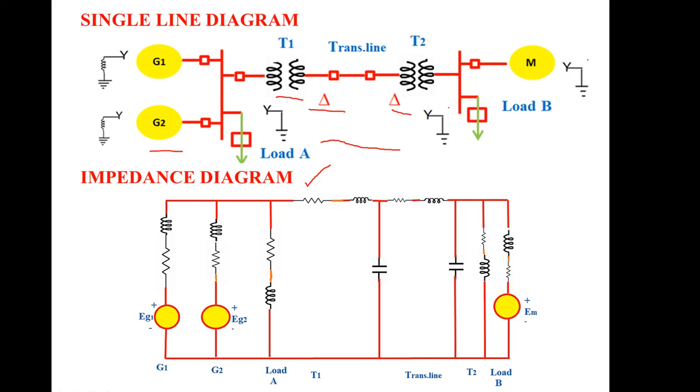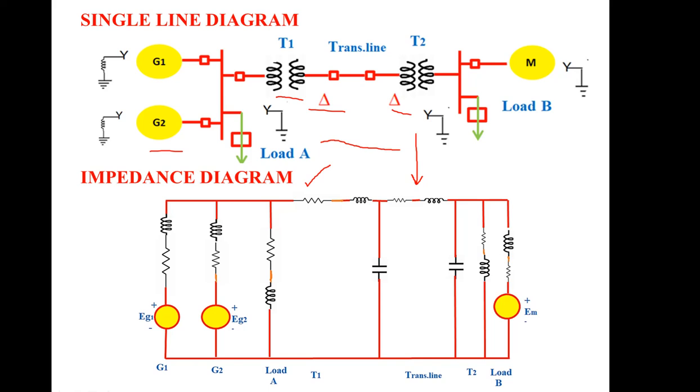Here the impedance diagram is used for load flow analysis. It can be obtained from the single line diagram. It is changed to the impedance diagram by replacing all the components of the power system by their single phase equivalent circuit.